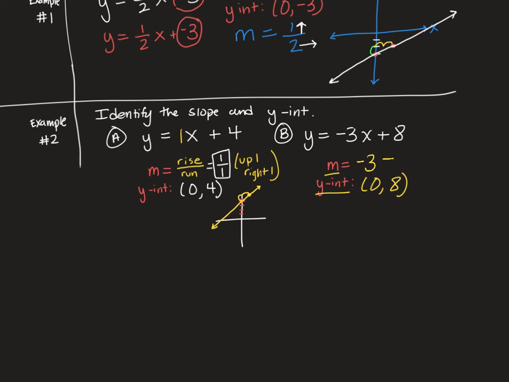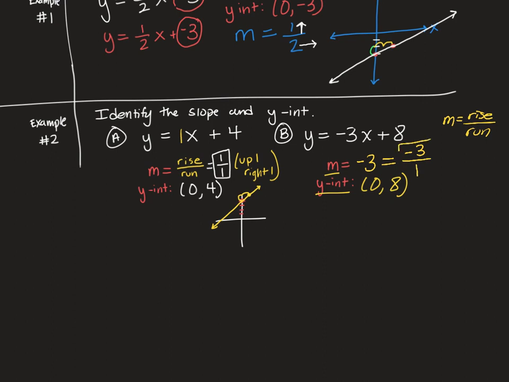But remember, we want our slope as a fraction because slope is rise over run. So we want a fraction to make things easier. Now, what's a number that I can put under every number? 1.